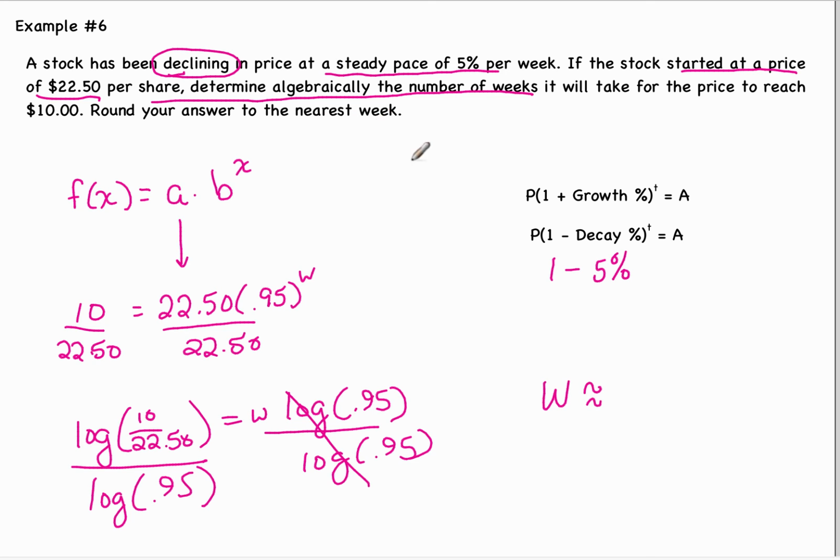It said round your answer to the nearest week, so we're going to say approximately 16 weeks. Yeah, well, if I see my stock going down that quickly, I'm going to look into why.